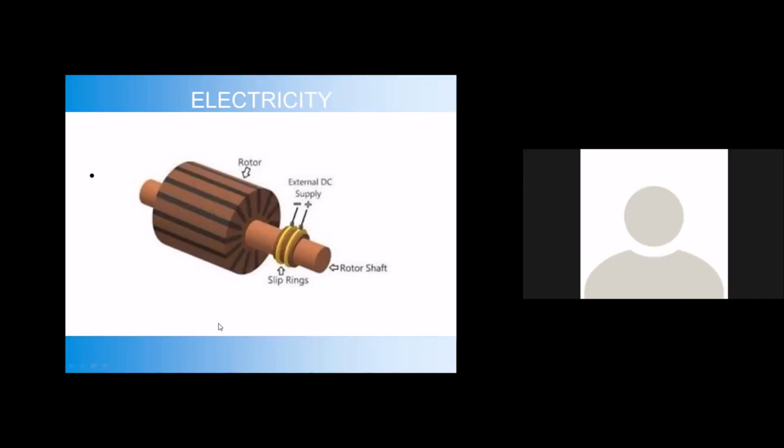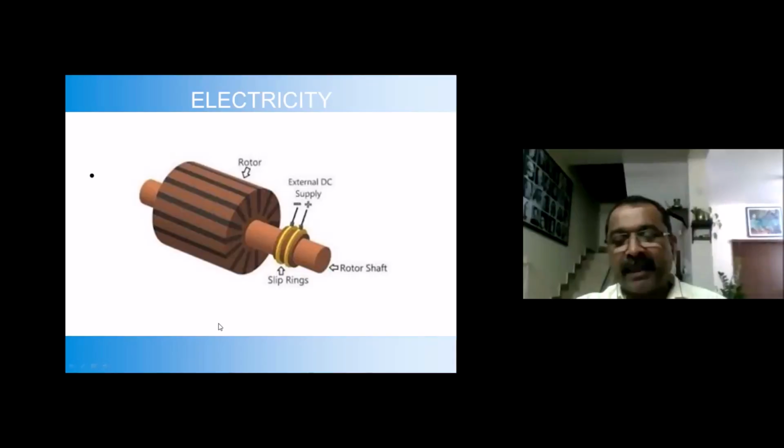Generator and motor are situated at two ends. Both are connected: if a motor has to work, a generator has to supply current through its conductors.